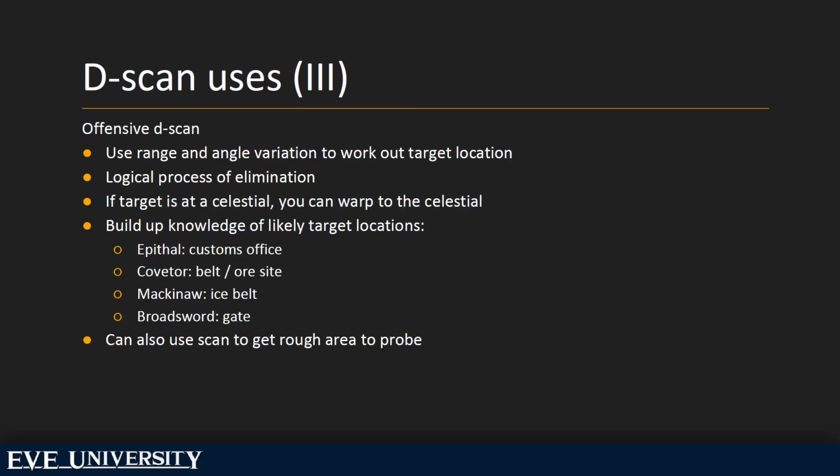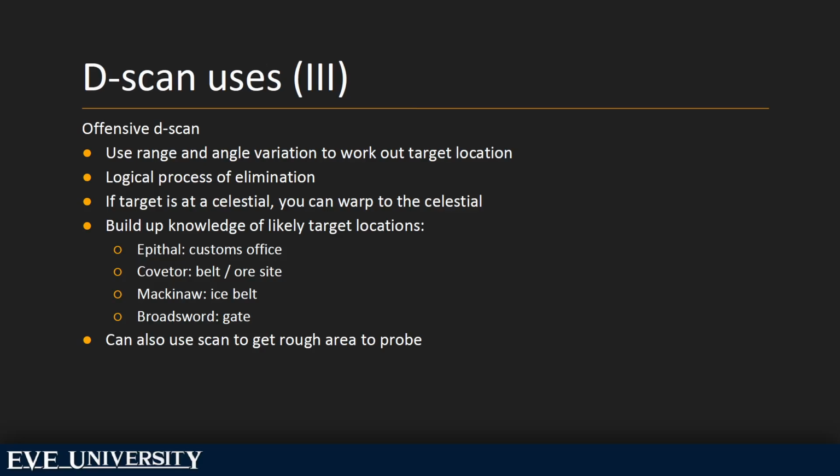Offensive D-scan. Here the efficiency of this process generally depends on your experience. You can use the D-scan offensively to figure out where the potential targets are. So a couple of examples that I mentioned earlier.